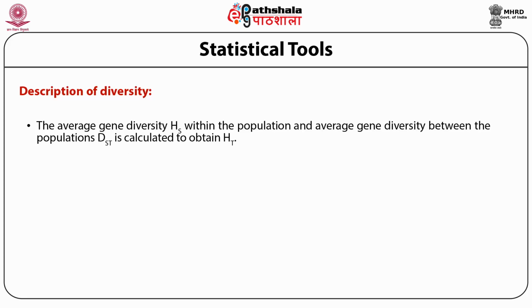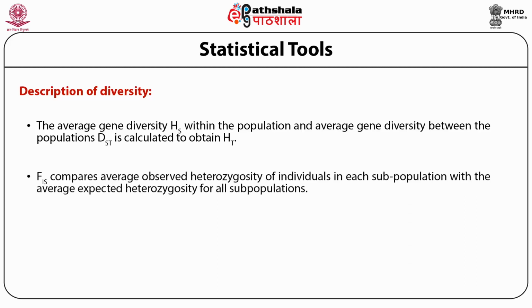Another method of assessing differentiation is the fixation index. Fixation index based measures of deviation from expected heterozygosity are used to define population structure. FIS compares average observed heterozygosities of individuals in each subpopulation with the average expected heterozygosity for all the subpopulations.